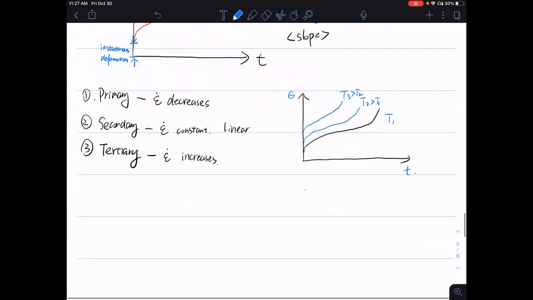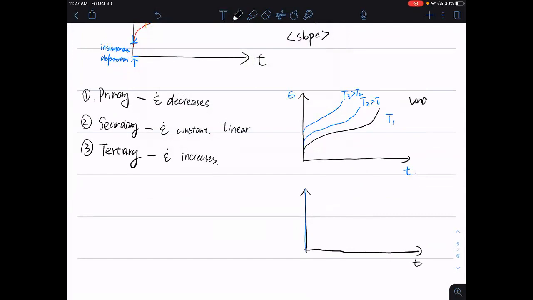So the same thing happens if you increase the stress. So this is under the same stress. So here, let's draw another diagram. What if we increase the stress, increase the load? Well, each curve is tested under the same load, but that load is gradually increasing. Now let's keep the same temperature.